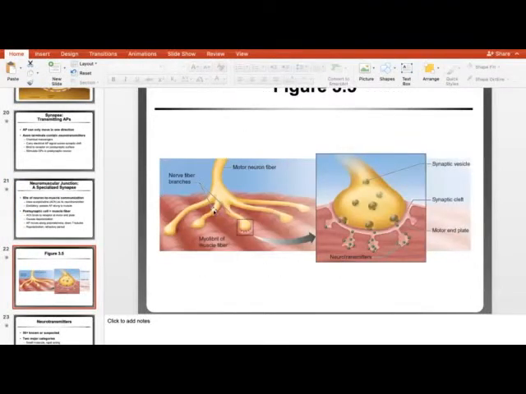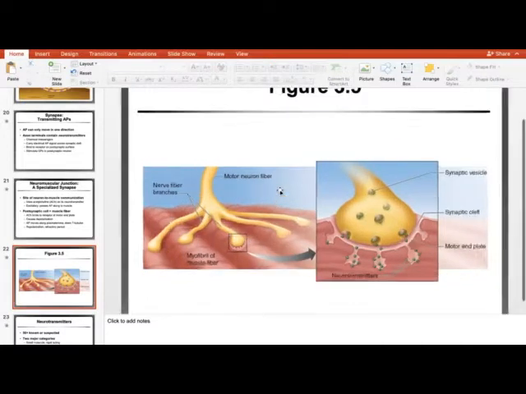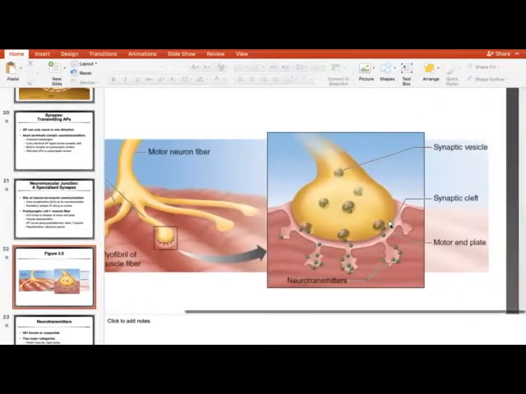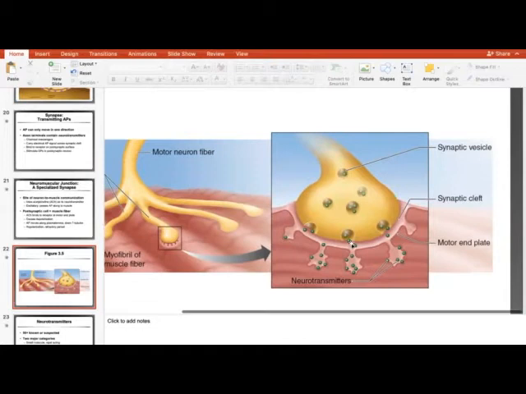Here's your neuron, it comes down, it interacts with the muscle. We can blow that up and look over here. Same thing that we saw before. You have your synaptic vesicle that has your acetylcholine, your synaptic cleft that goes right into the muscle fiber.